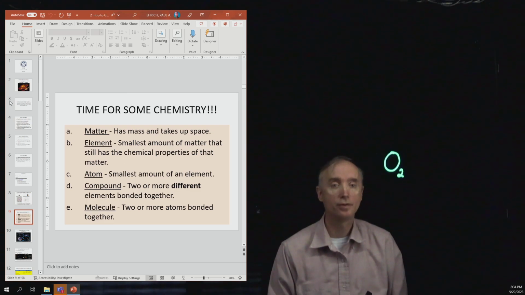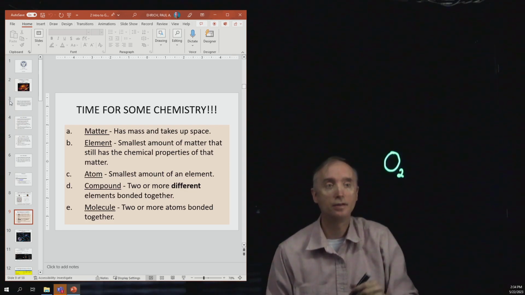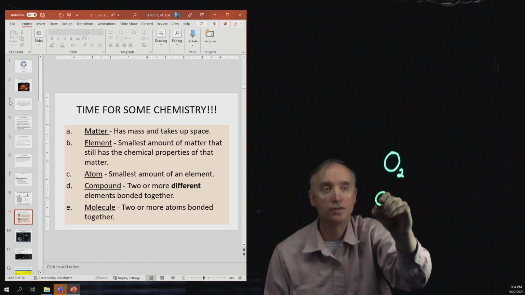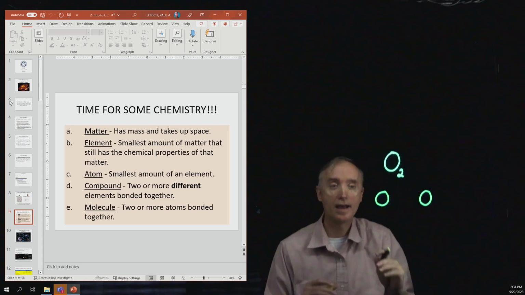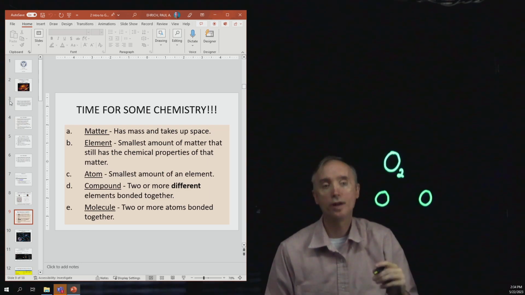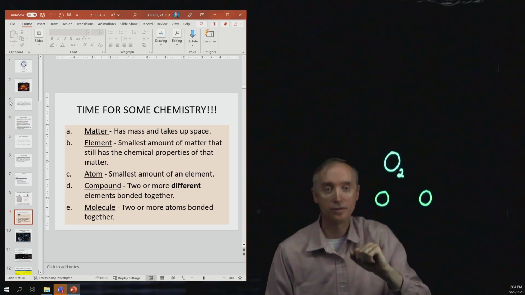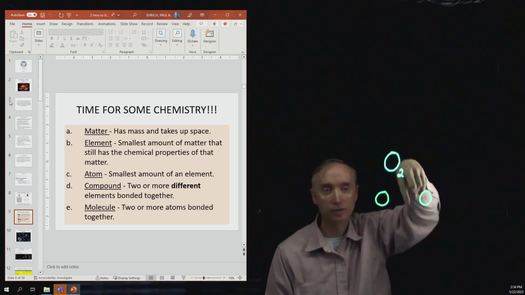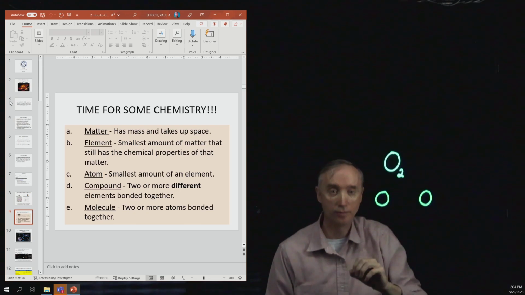Now, what would happen though if we were to separate this thing into its individual oxygens? So now we have atoms of oxygen. And then what would happen if we reached in and pulled out one of those electrons? An atom has electrons that are in orbit around the nucleus of every element.